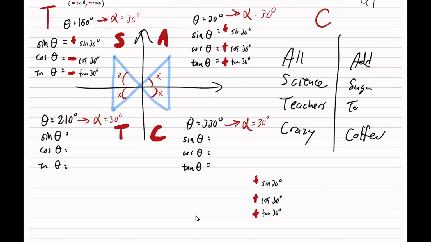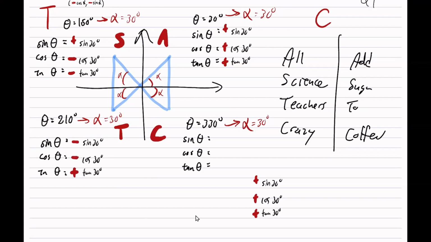Whenever it is cosine 30 or tangent 30, you can use a calculator to get the value. You'll figure out how to calculate the exact value in a later class. So how about here? T means what? Tangent. Tangent is positive. So what should be the sign? Rest negative. Tangent positive, the rest negative.